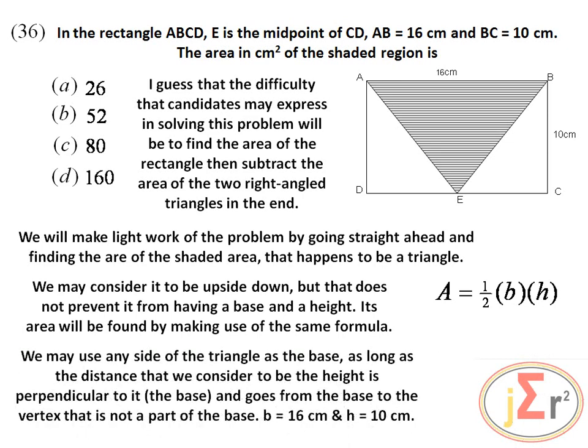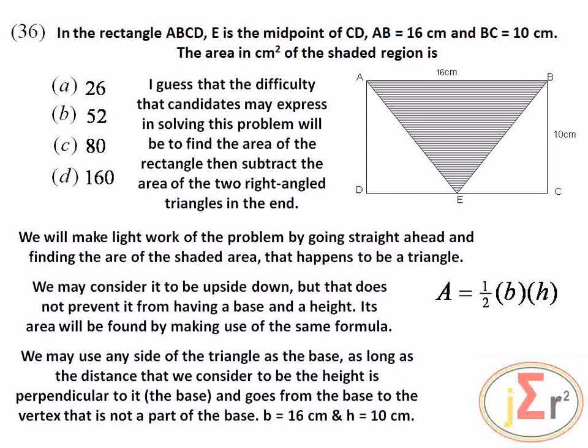We may use any side of the triangle as the base, as long as the distance that we consider to be the height is perpendicular to it and goes from the base to the vertex that is not a part of the base. So in this particular case, the base is equal to 16 centimeters and the height is equal to 10 centimeters.